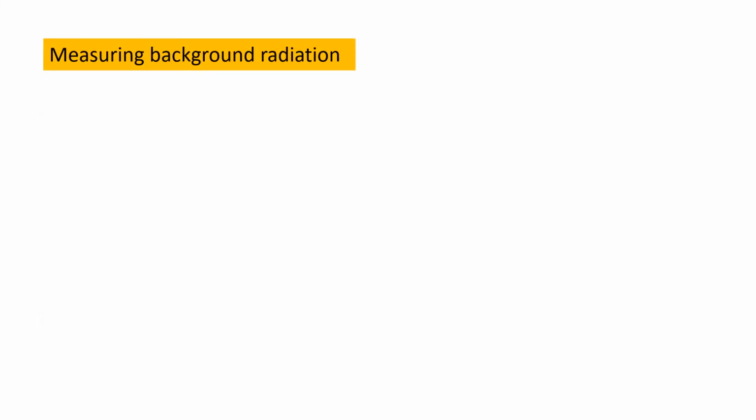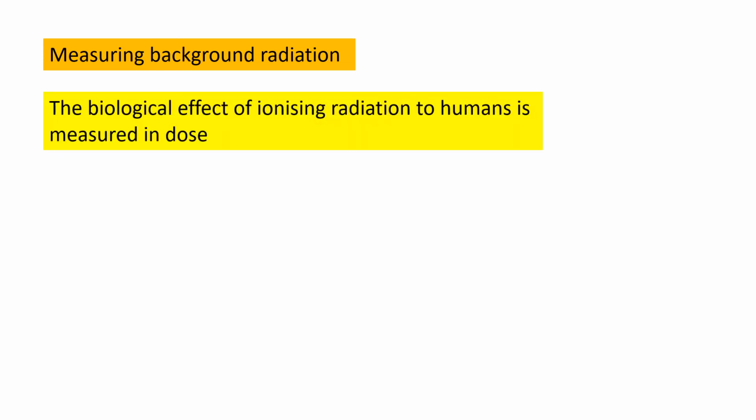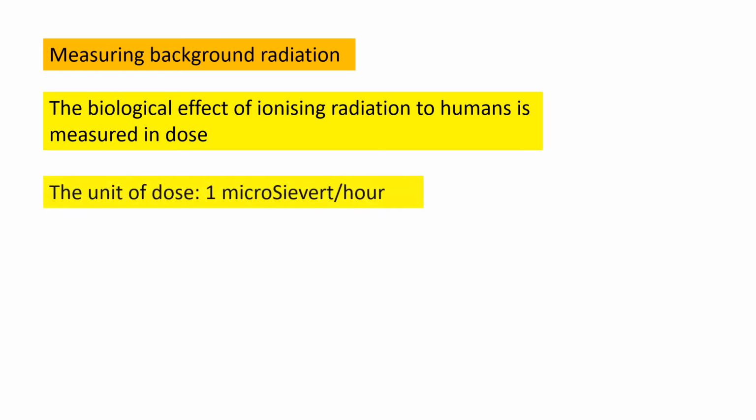So now, how do we measure background radiation? It's important because radiation is in our everyday life, and you need to know if it endangers our health. The biological effect is measured in dose. The unit of dose is the microsievert per hour.